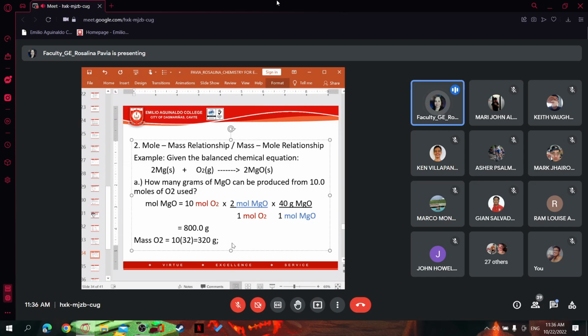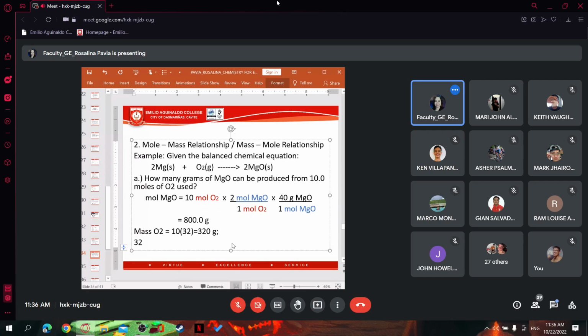Okay. So, now apply the mass. So, 320 grams over how many oxygen? Only one. Its coefficient is 1. Then, its atomic mass times 32. Equals the mass of MgO.